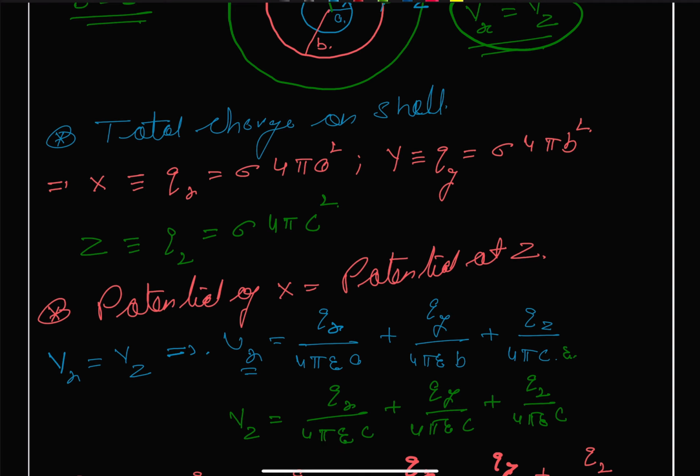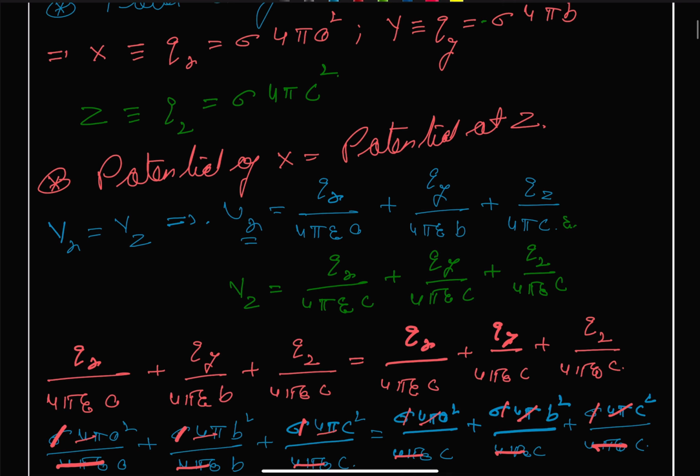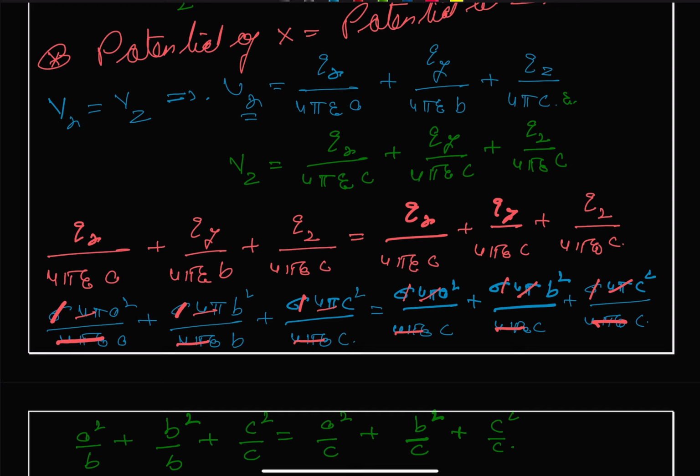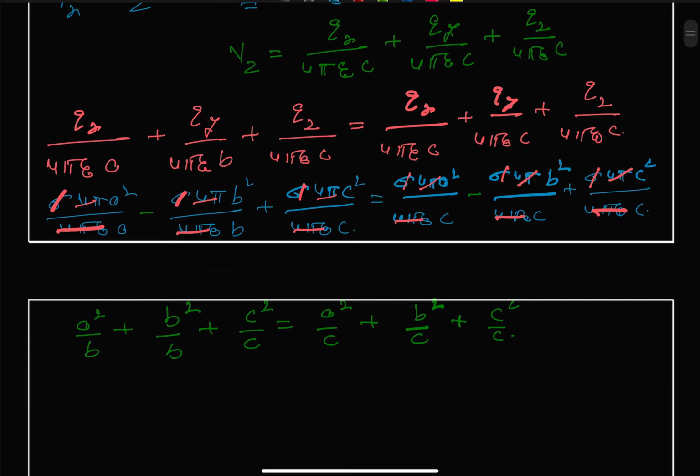This B is our minus sigma, and here minus, and here also minus. This is our minus and this is also our minus.